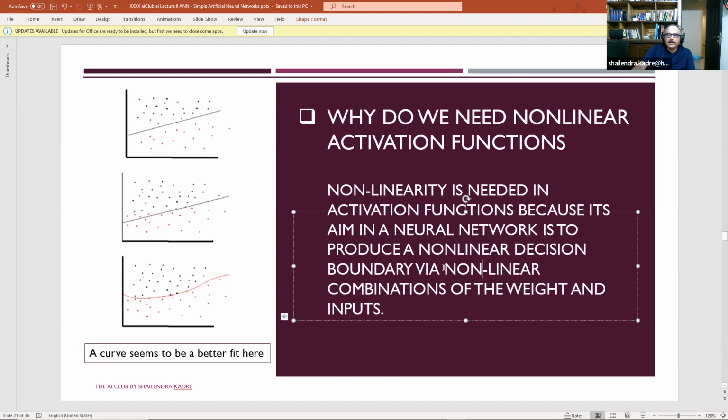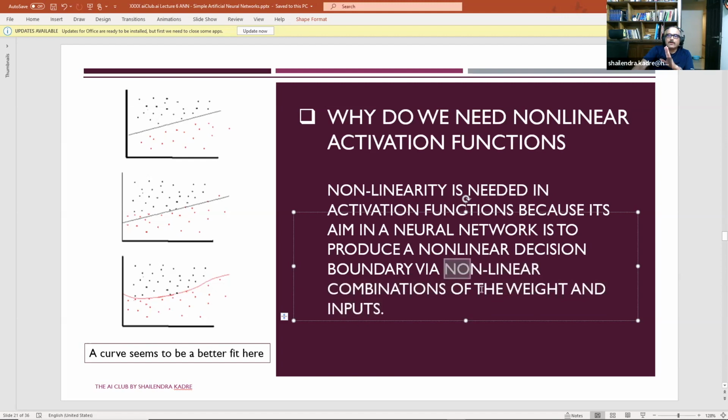We don't want a straight line relationship between our weights and biases. We want non-linearity because we want a complex decision boundary. Our problems are so complex, a simple linear line cannot represent them. So we want non-linearity. Non-linearity between what? Non-linearity between weights and biases.